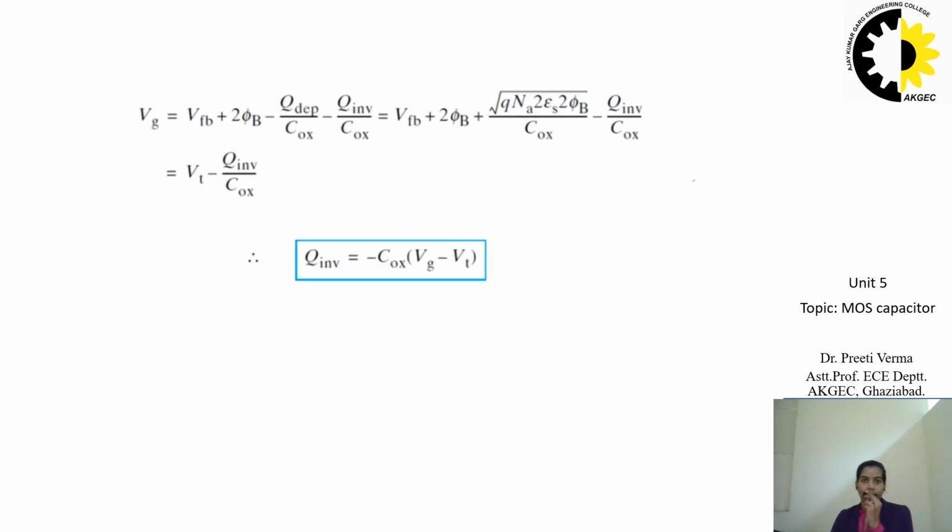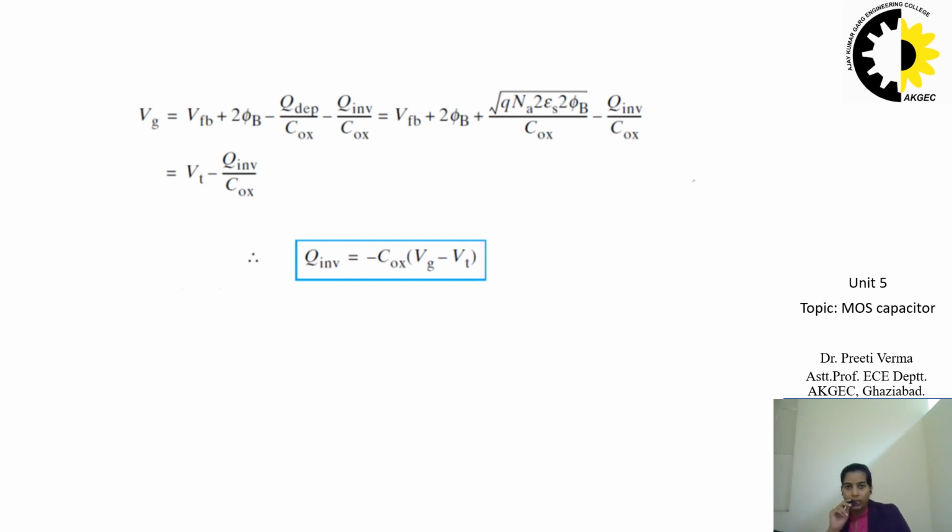So here Vg can be written as VFB plus 2 phi B minus Q depletion minus Q inversion upon COX, is equal to VFB plus 2 phi B plus under root q Na 2 epsilon s phi B divided by COX minus Q inversion divided by COX, that will be equal to Vt minus Q inversion upon COX.